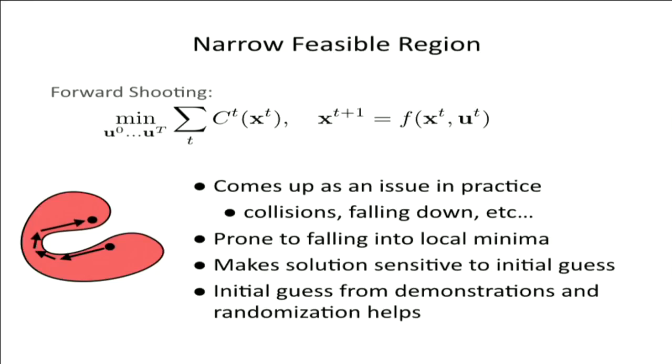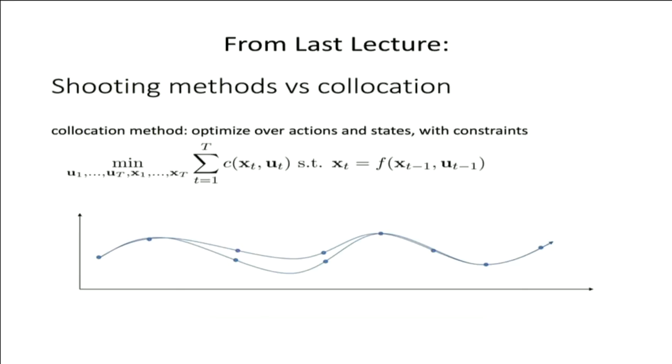So from the last lecture, as opposed to shooting methods, you saw collocation methods, where instead of optimizing for the controls, you simultaneously optimize for the controls and states. But you still involved the forward dynamics function here, where the controls were constrained to be such that the previous states and controls lead to the next state, which are now the optimization variables.